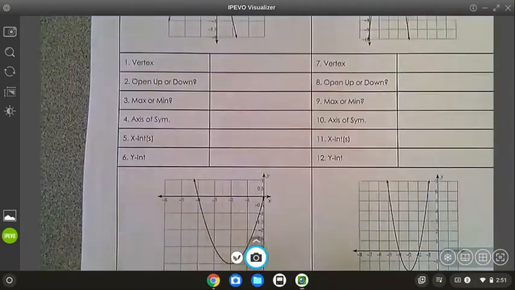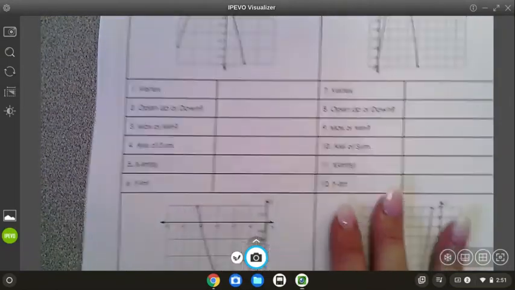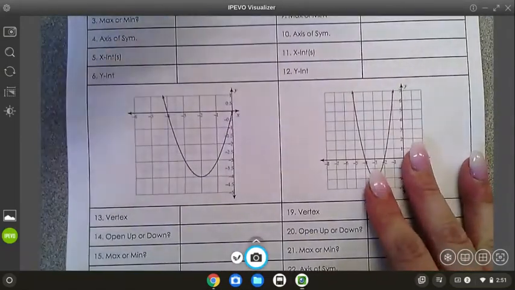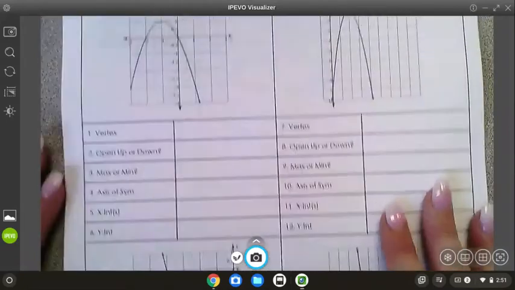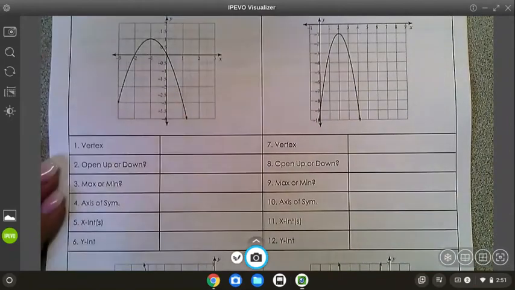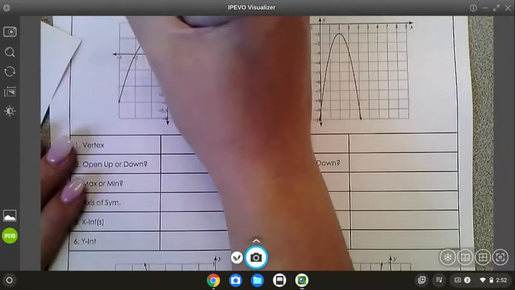So let's look at a few examples and label the parts. So this first example, let's find the vertex. So put a point or a dot where you think the vertex is. It's right here.